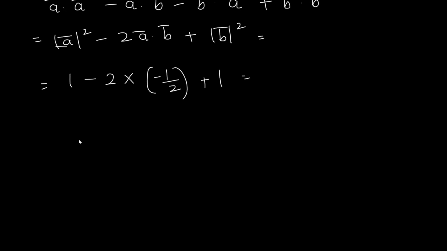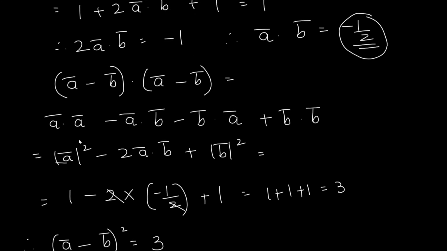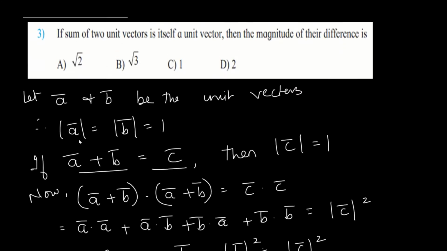The 2 gets cancelled, minus into minus is plus, so 1 plus 1 plus 1 is equal to 3. And therefore A bar minus B bar square is equal to 3, and therefore the magnitude of A bar minus B bar is root 3. So that is the correct option. So root 3 is the correct option, and B is the correct option over here.